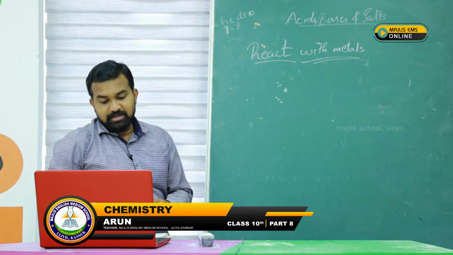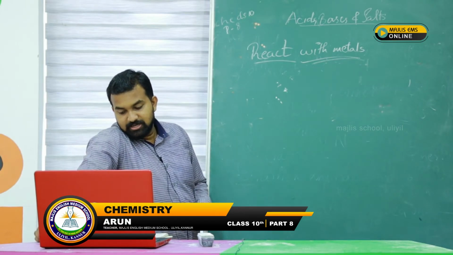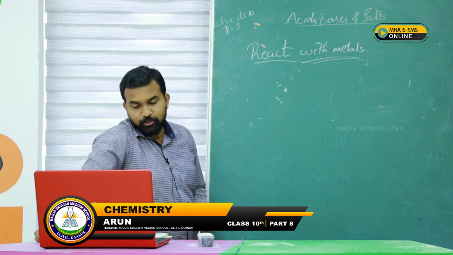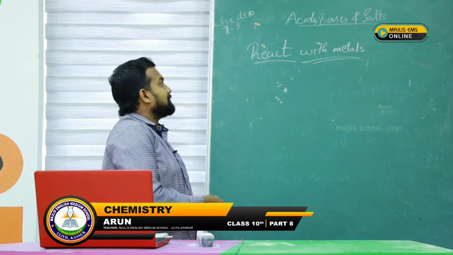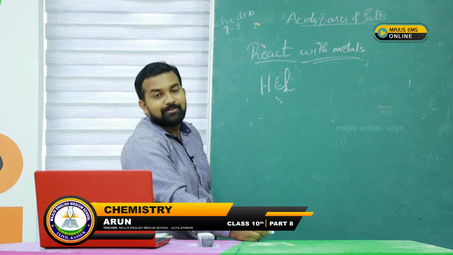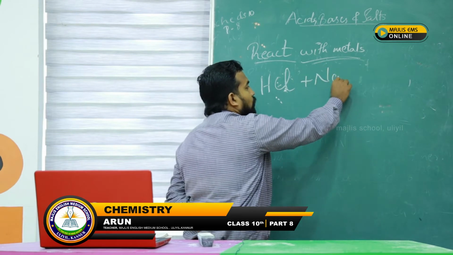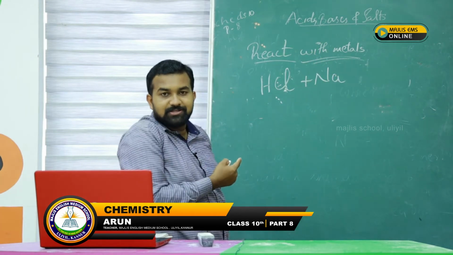What can they do? These acids and bases, HCl for example, when it is reacting with a metal, sodium. Sodium is a metal. What is the valency of sodium?